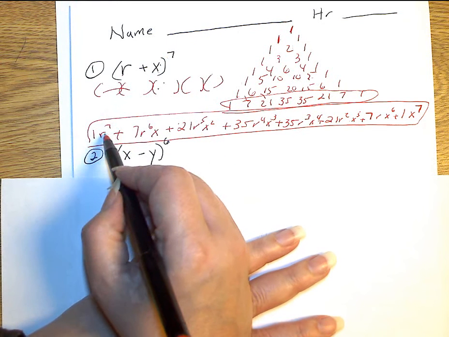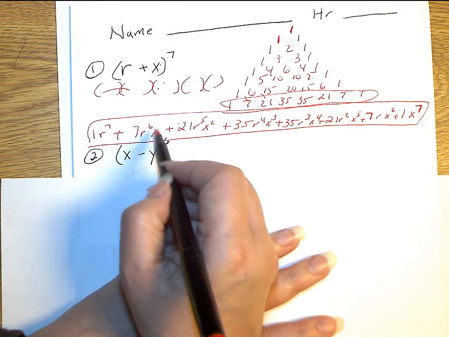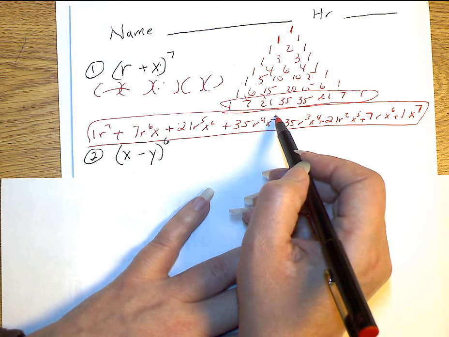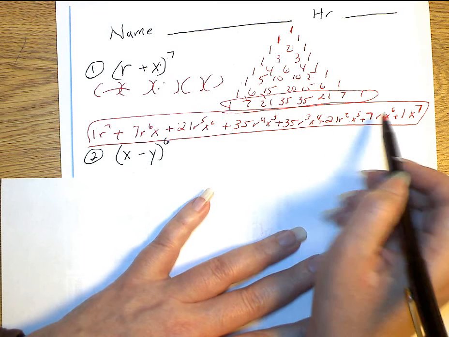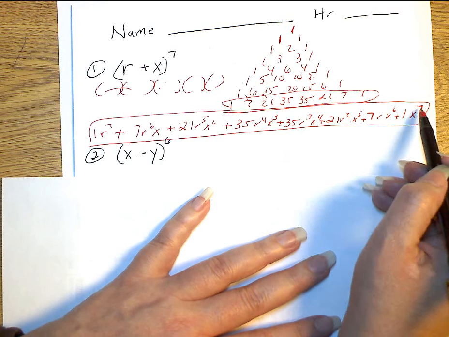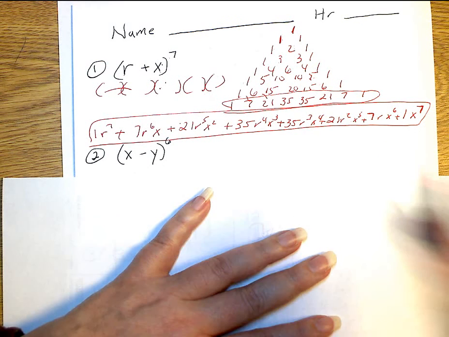So look at this, this is 7, this is 6 and 1, that's 7, 5 and 2 is 7, 4 and 3 is 7, 3 and 4 is 7, 2 and 5 is 7, 6 and 1 is 7 and 7. So they should always add up, and that's your second way to check.